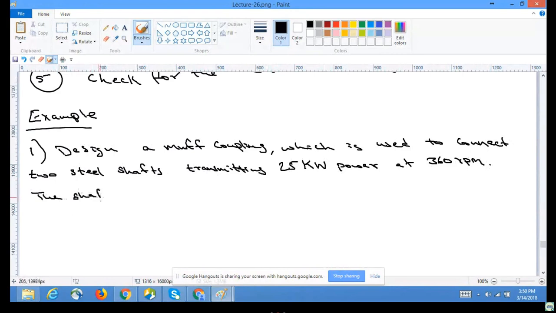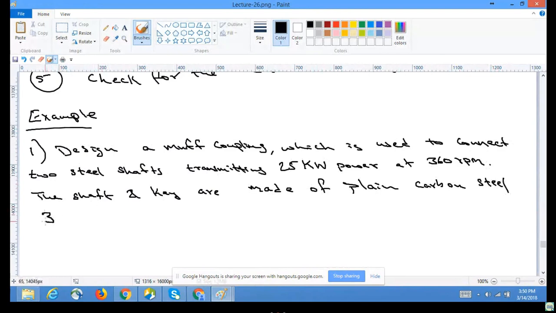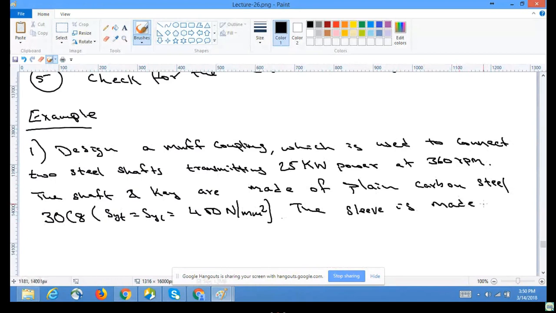The shaft and key are made of plain carbon steel, which is 30C8, whose SYT and SYC are considered to be 400 MPa, and the sleeve is made of grey cast iron, which is of FG200 grade, whose ultimate tensile strength is equal to 200 Newton per mm square.